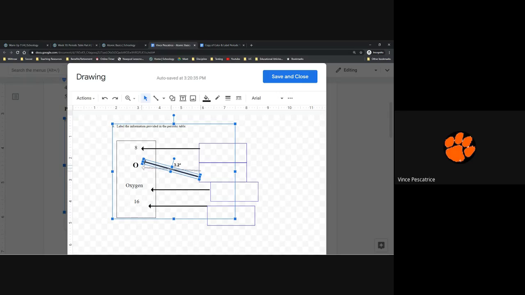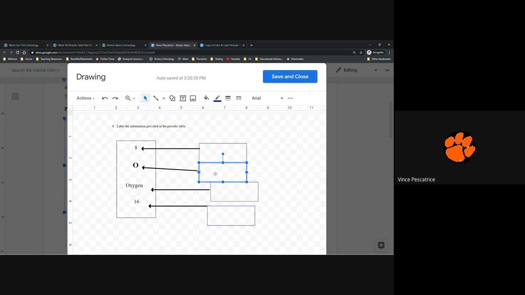So with this in mind, this at the top is the atomic number. This is the symbol. Oxygen is the element name. And 16 is the protons in the element. I'm sorry, the protons plus the neutrons is the atomic mass.